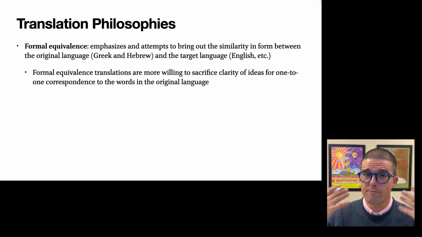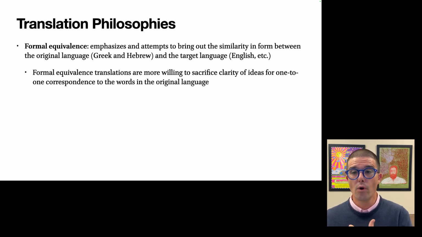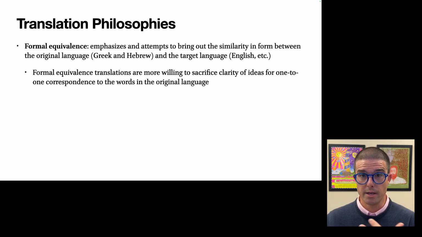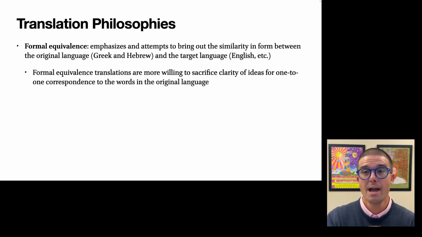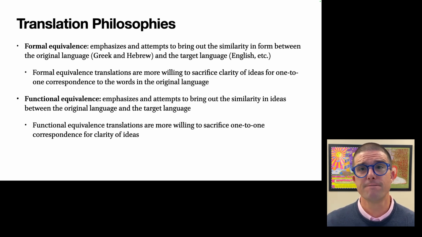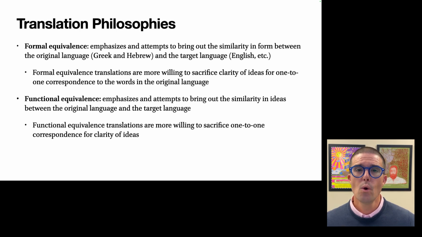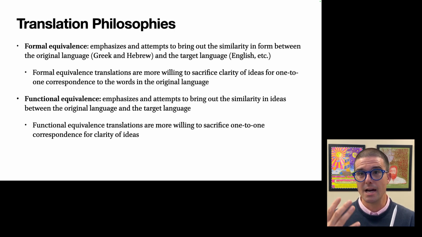So formal equivalence translations are willing to sacrifice the clarity of ideas in order for a one-to-one correspondence to be maintained between the word in the Greek, the Hebrew, or the Aramaic, and the word in the English. On the other side of the spectrum are functional equivalence translations, which are more willing to sacrifice that one-to-one correspondence so that the basic idea of a phrase, a sentence, or even a couple of sentences is maintained.